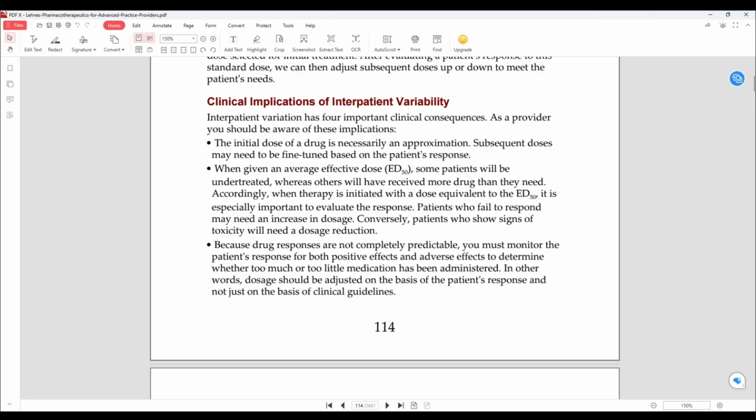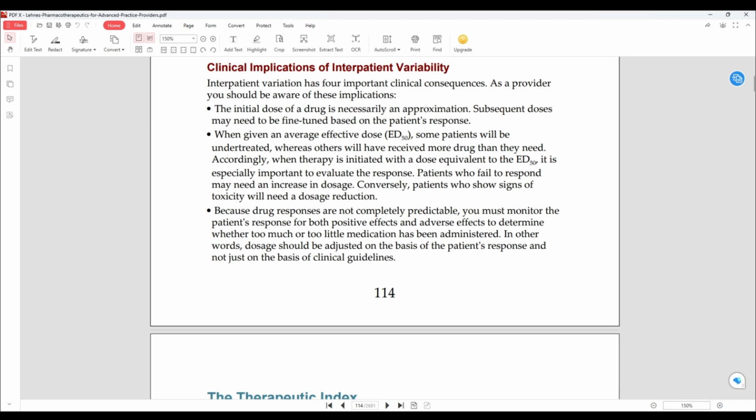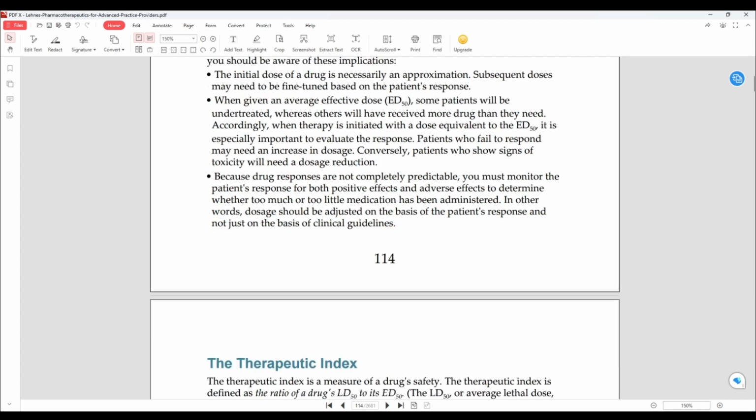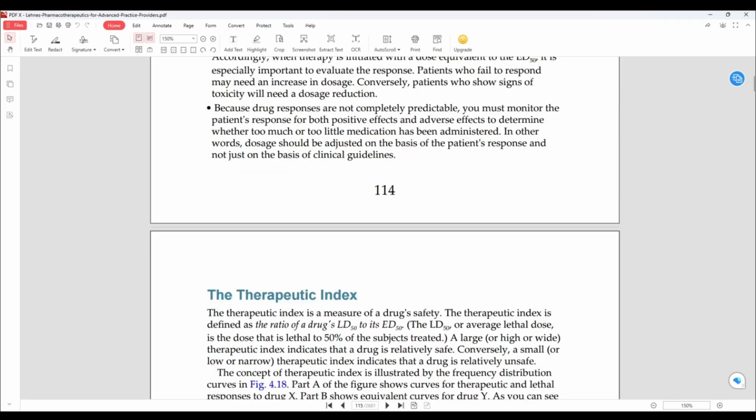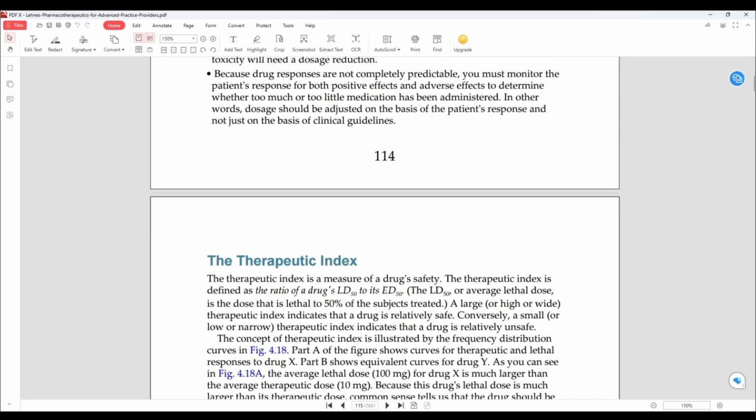Conversely, patients who show signs of toxicity will need a dose reduction. Because drug responses are not completely predictable, you must monitor the patient's response for both positive effects and adverse effects to determine whether too much or too little medication has been administered. In other words, dosage should be adjusted on the basis of the patient's response and not on the basis of clinical guideline.